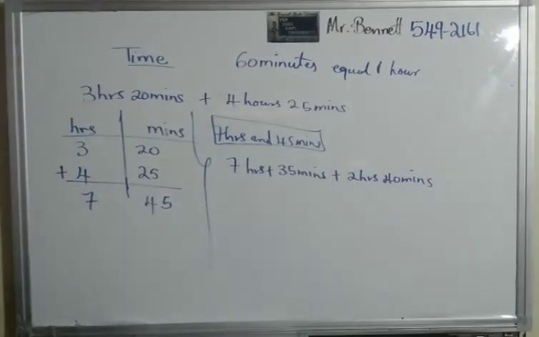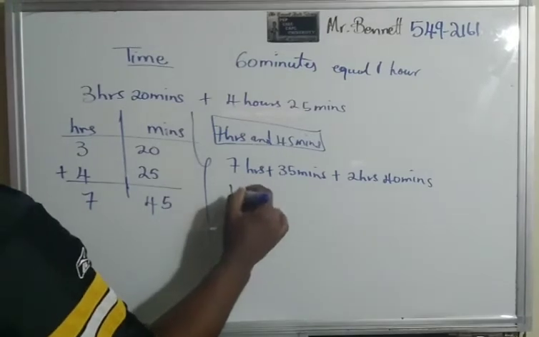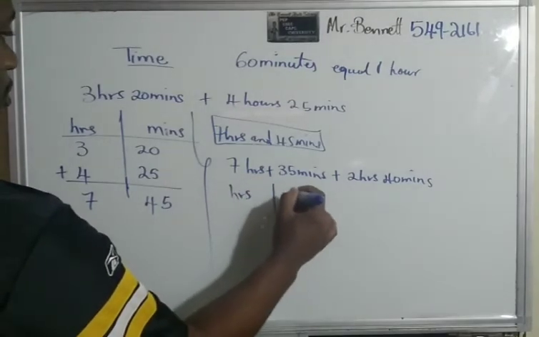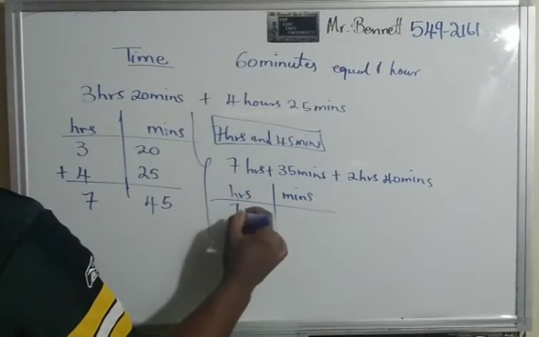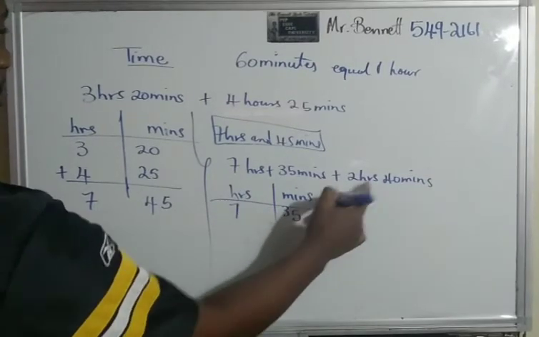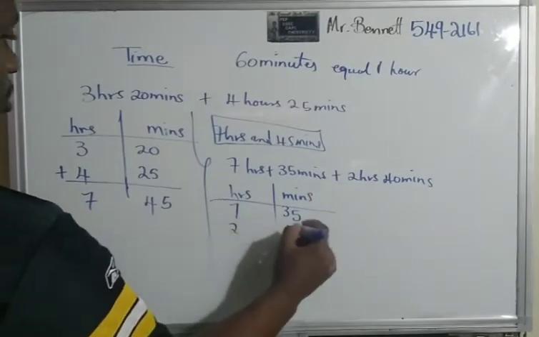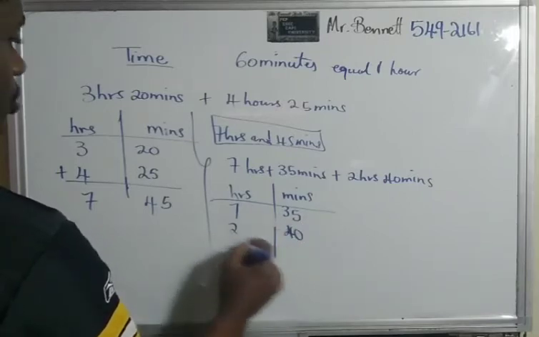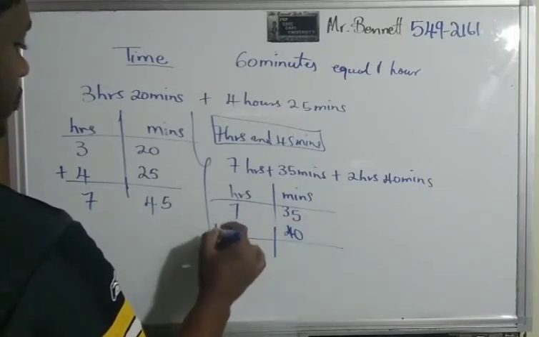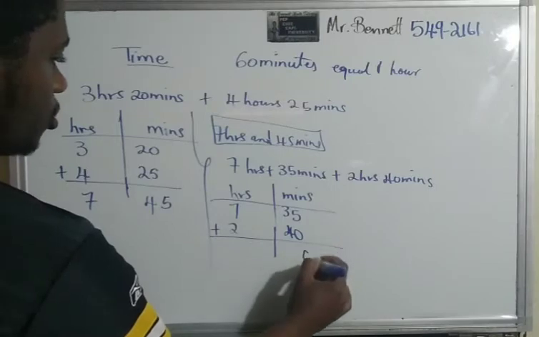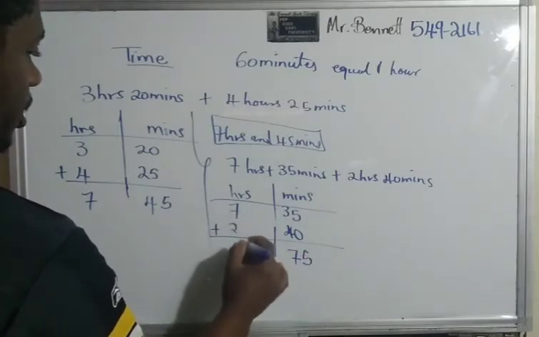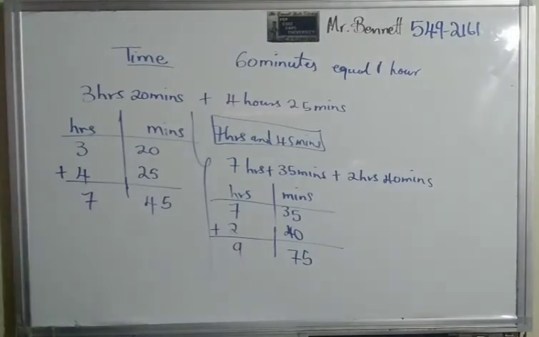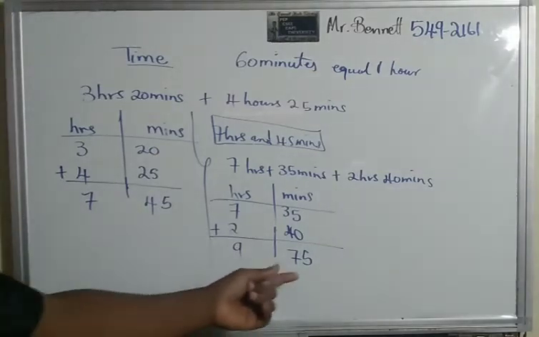As I said before, we separate them, so we put hours and minutes, so it will be 7 and 35, 2 and 40. We add just the same, right? So it will be 5, 75, and 7 and 2 would be 9. But we are not finished because we have 75 minutes.